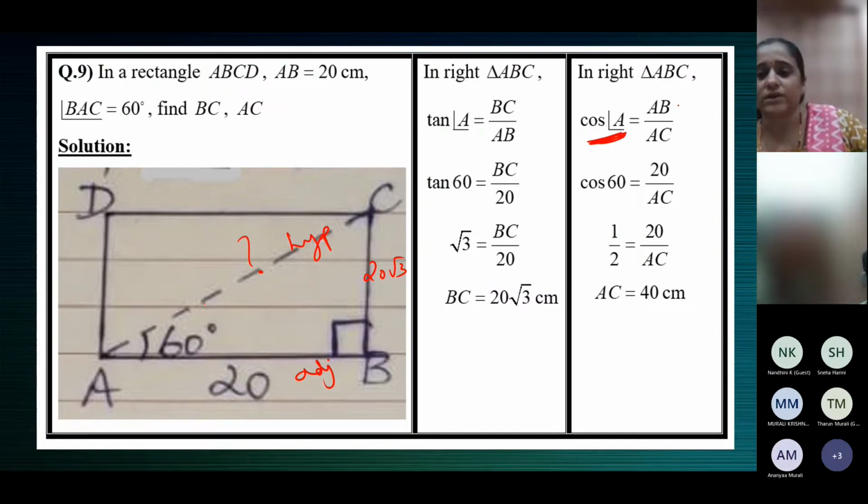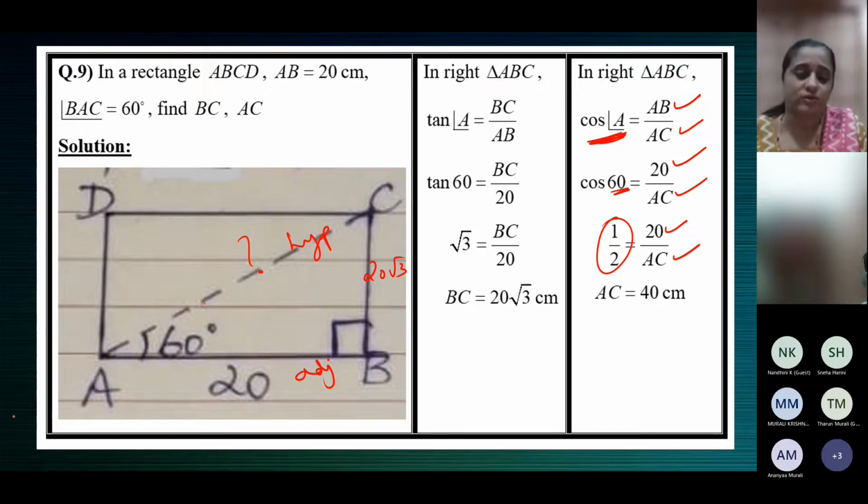So adjacent side is AB, hypotenuse is AC. So A is 60 degrees. Adjacent 20 by hypotenuse AC. Cos 60 is 1 by 2, so 1 by 2 equals 20 by AC. Cross multiply, you get AC is equal to 40.